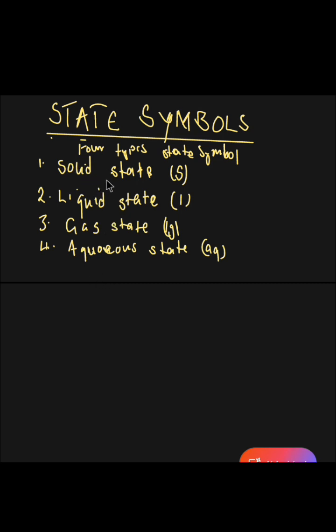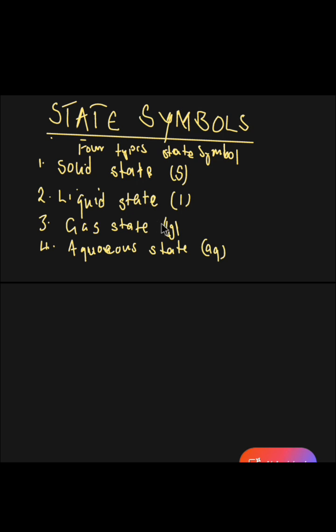So these states of matter, each one represents a particular state of matter. For example, if a substance is in solid state, we give it that particular symbol as S. If that particular substance or compound that you are dealing with is in liquid form, we denote it as being in liquid state.